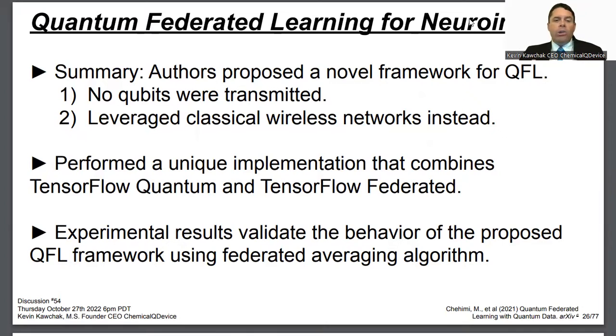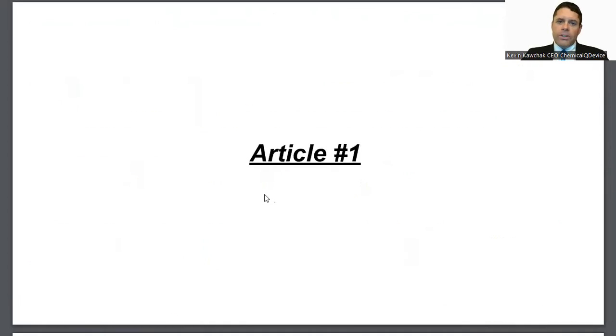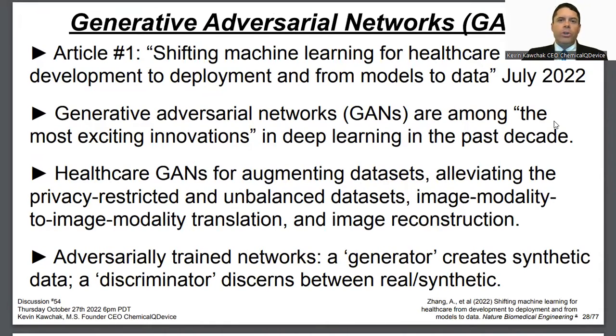And another thing driving all these things is the DC-QNet in Washington, D.C., as they say, we will have a national quantum internet. So it's just a matter of time. And then obviously using TensorFlow Quantum and TensorFlow Federated. And these results basically validate the behavior of the proposed QFL framework using the federated averaging algorithm. So again, these papers are detailed, which is a good thing.